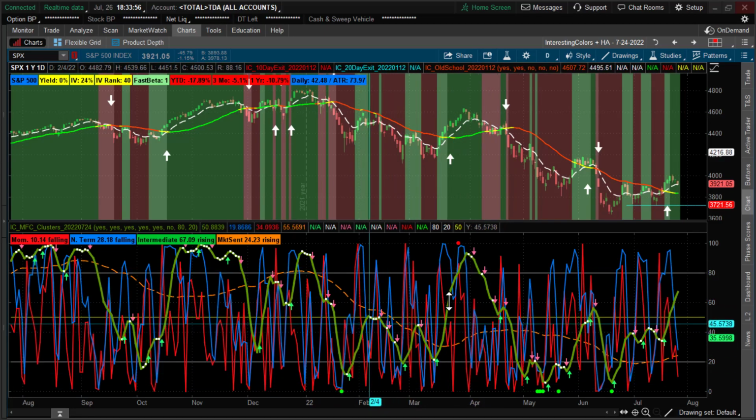The white dots represent spots where the intermediate line does not move more than 2%. If the move from day to day is less than 2%, nothing happens. It's a white dot. But if it changes to the downside, you're going to get a red arrow, and if it changes to the upside, you're going to get a green arrow.